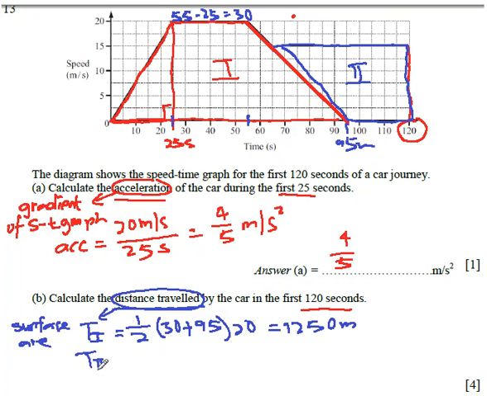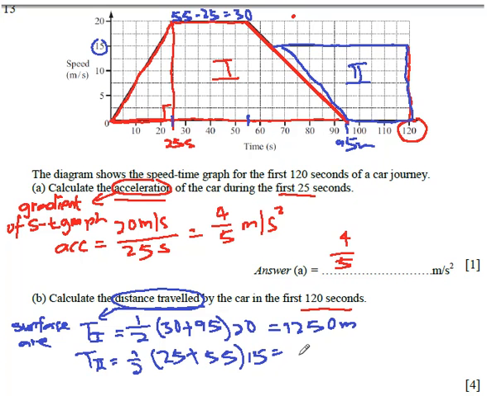And for trapezium 2, the area is given by 1 over 2 times 120 minus 95, which is 25, plus 120 minus 65, which is 55, times the distance between them, which is 15.